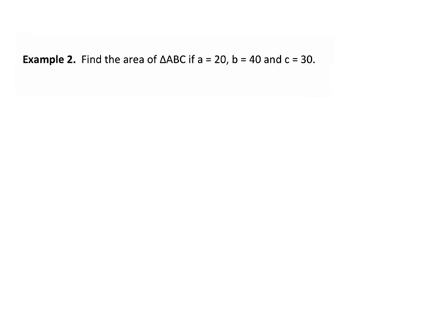All right, let's do the next one. So now I'm going to draw my triangle again, you guys. You've got to always start with your triangle. A, B, C, B, A, and C. If A is 20, B is 40, and C is 30, well, then now we've got side, side, side.